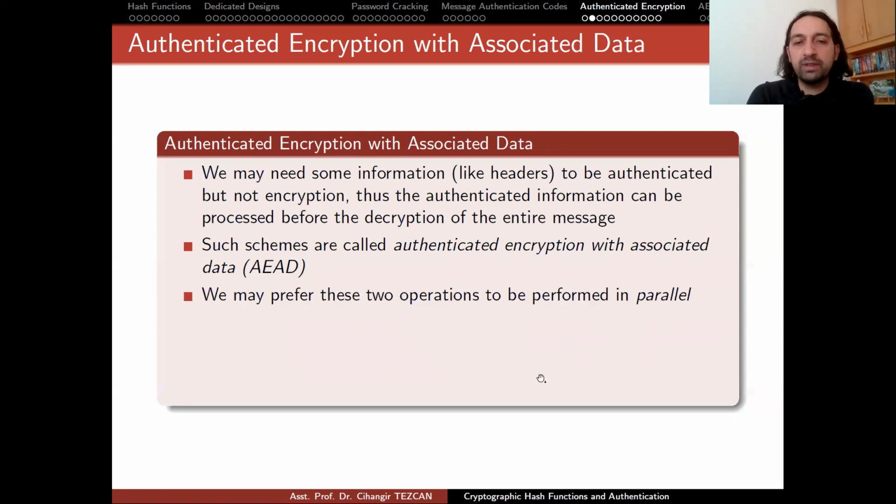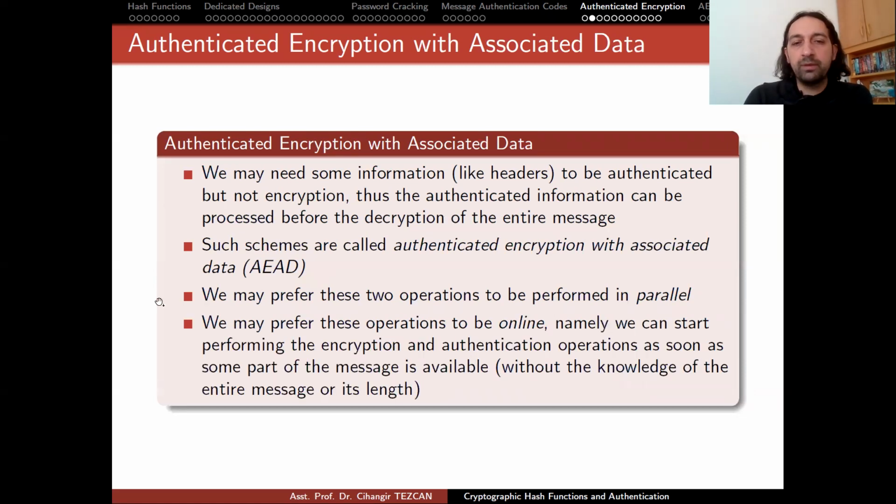And we may prefer these two operations, both encryption and the verification of the associated data, to be performed in parallel. We may also prefer these operations to be online. Namely, we can start performing the encryption and authentication operations as soon as some parts of the message are available, without the knowledge of the entire message or its length.